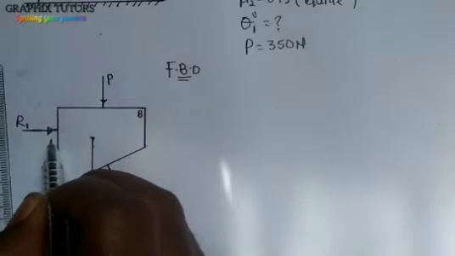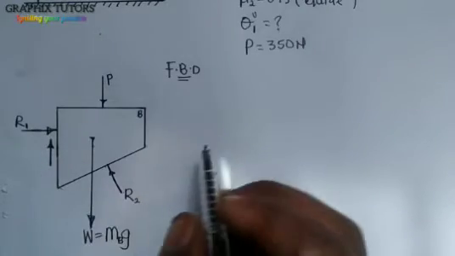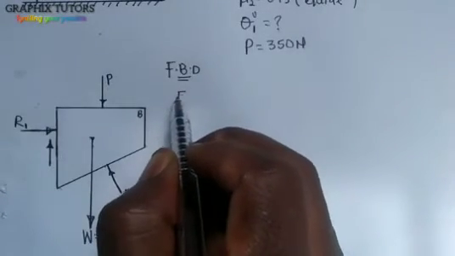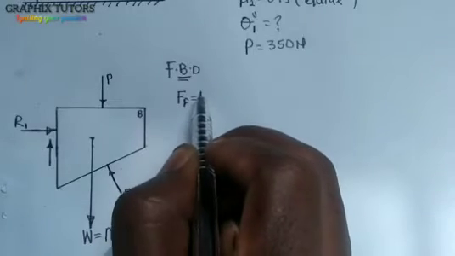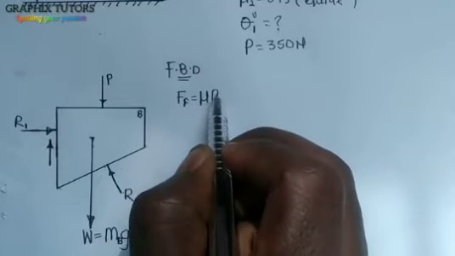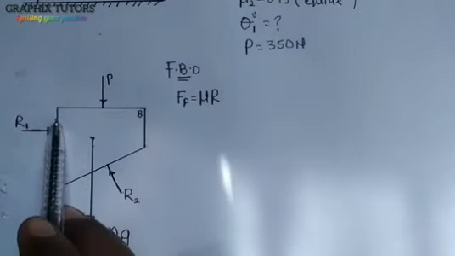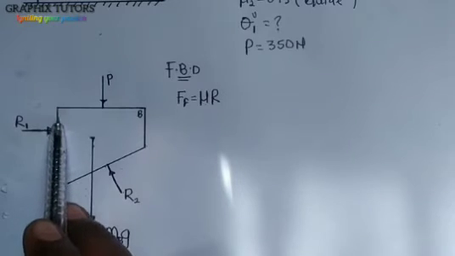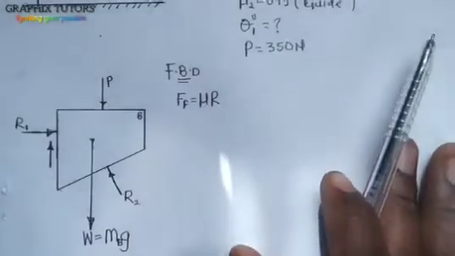I'll have something like this. That will be my frictional force, F1. The frictional force is mu multiplied by the reaction. The key word here is that this reaction is at the contacting surface between the guide, and on the guide the coefficient of friction is mu2.